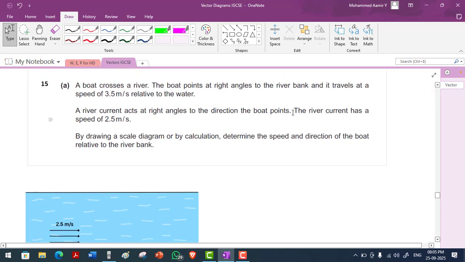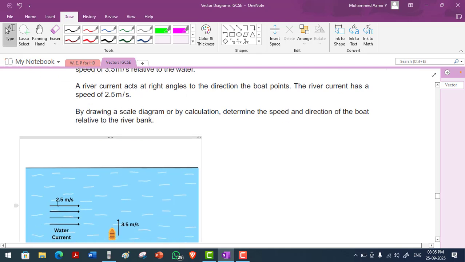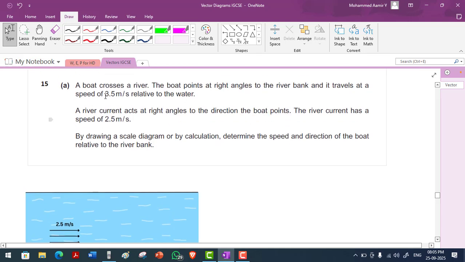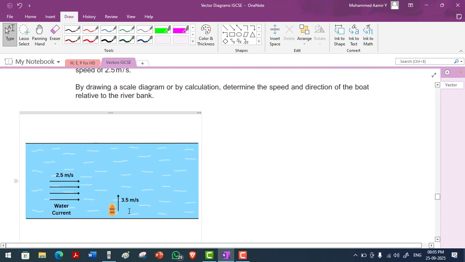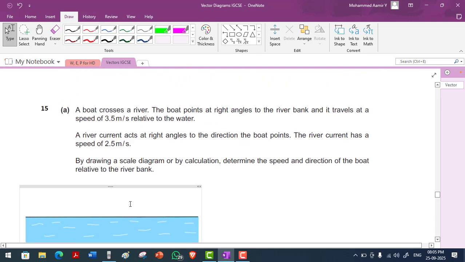The river current acts at a right angle to the direction of the boat. The river current has a speed of 2.5 meters per second, and the boat travels at 3.5 meters per second between the river banks. By scale diagram or calculation, determine the speed and direction.